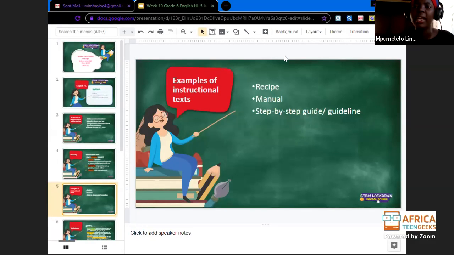Okay, the last one, indefinite pronouns. What are they? And give me your examples. Come on, grade 6s. Okay, 3 people raised their hand. Let's see.